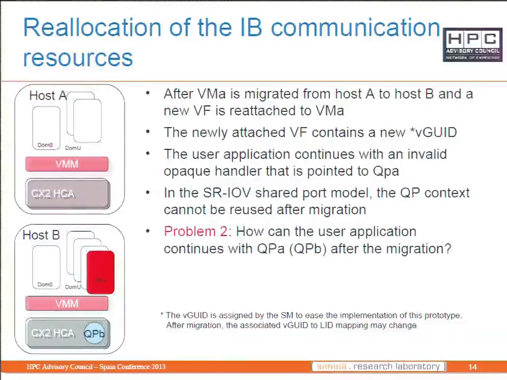Ideally it should be kept the same, but that's the default when you just move it, you get a new virtual GUID. And we use it like this for simplification of this prototype. That means that, because this VGUID is changing, the GID is also changing. So migration is not possible between different subnets, only in the local InfiniBand subnet.